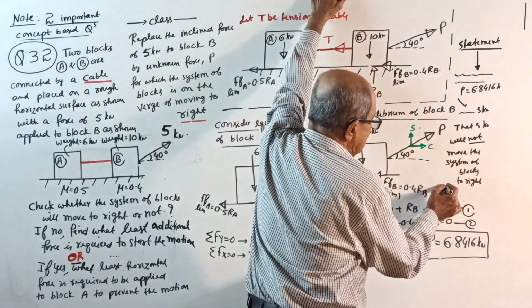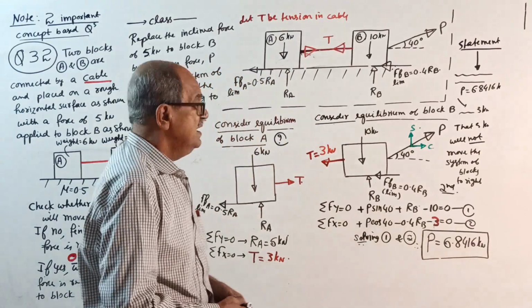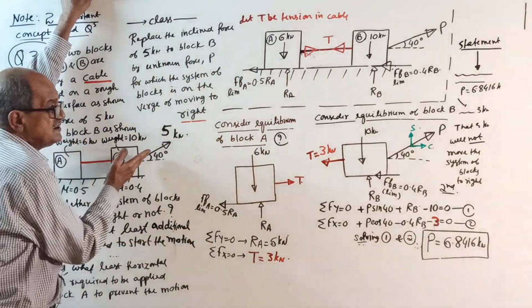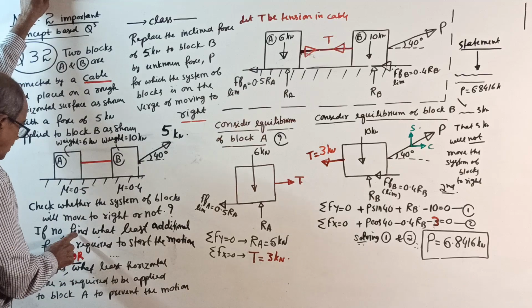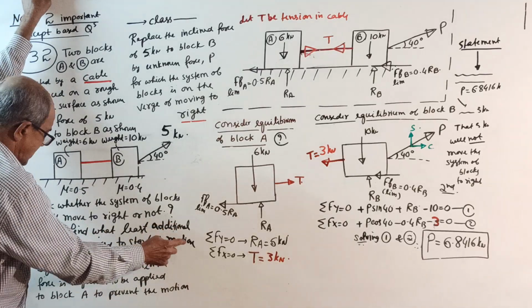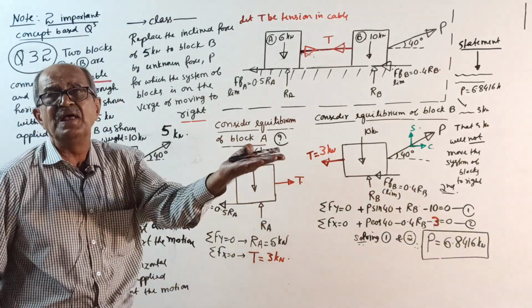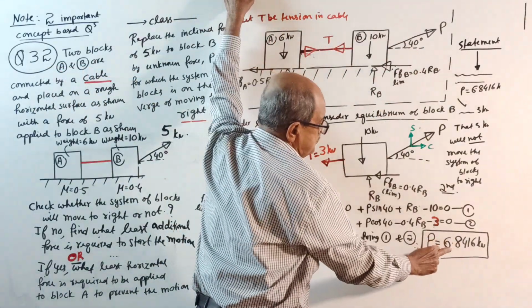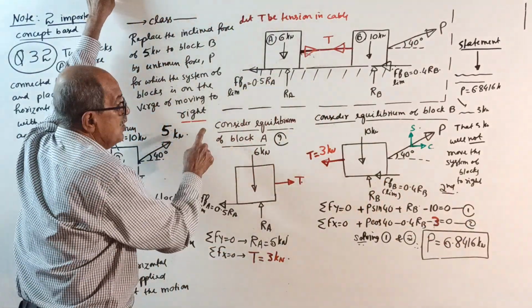Now, the second part of the question. They want to find how much extra force is required, instead of 5. If no, find what least additional force is required to start the motion. So, systematically: the block will start moving at 6.8416. The applied force is only 5 kilonewton.